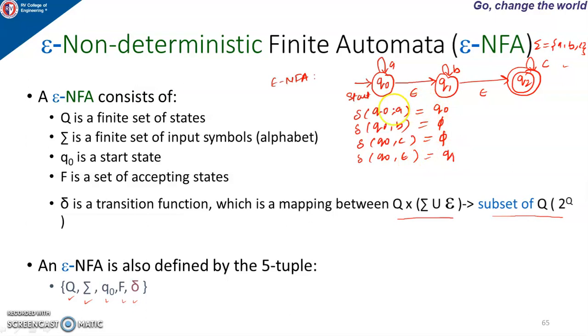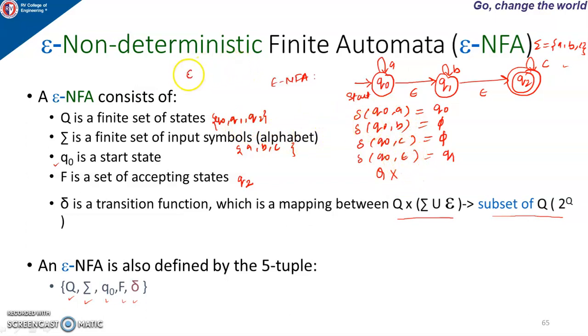In this transition function, the first parameter of delta comes from the set capital Q, which here is Q naught, Q1 and Q2, and sigma is A, B and C. Q naught is the start state and Q2 is the final state. The second parameter can be an input symbol, A, B or C, or even epsilon.